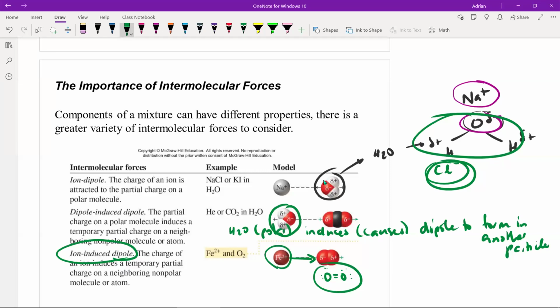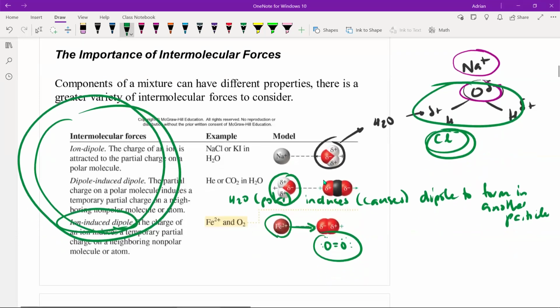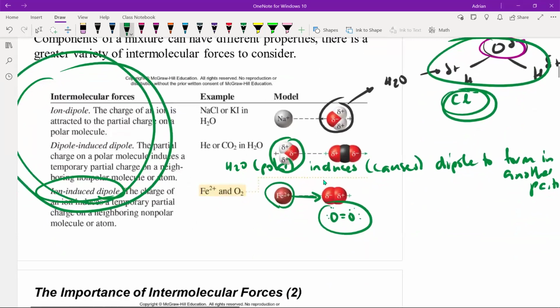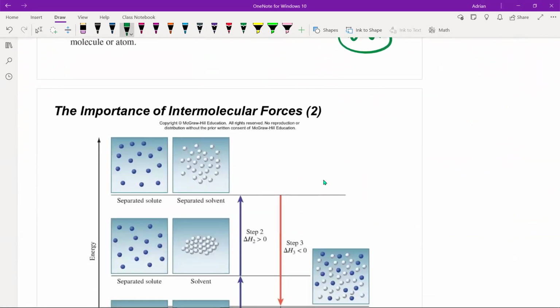And as a result, those two things can be attracted to each other. So when we have solutions being formed, we have at least two different things, a solute and a solvent. We have these new types of intermolecular forces that we need to consider, and those are the forces that will keep the solute and the solvent close to each other and keep the solution intact.